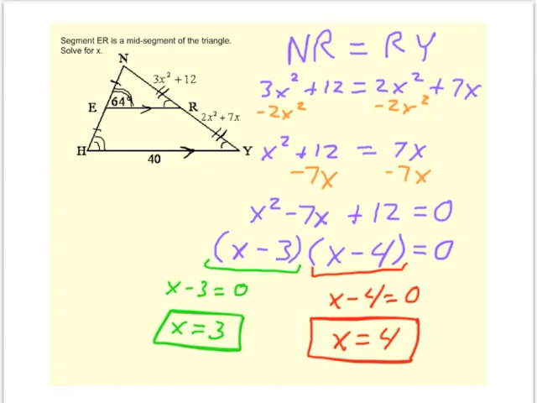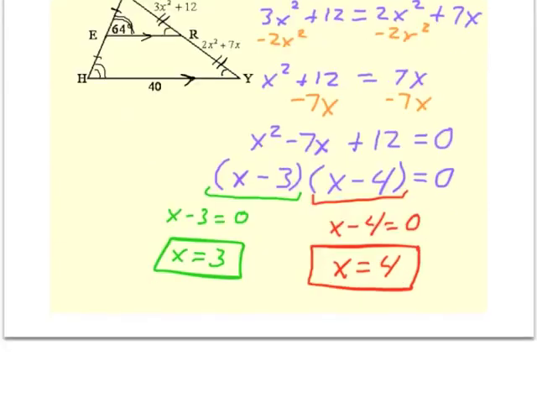Let's just go through and make sure that the side lengths make sense geometrically as well as algebraically. So I'll take this value of x, maybe I'll try x equals 3 first, and I'll substitute it in for the values of 3x squared plus 12 and 2x squared plus 7x.